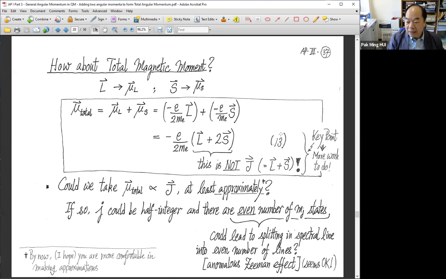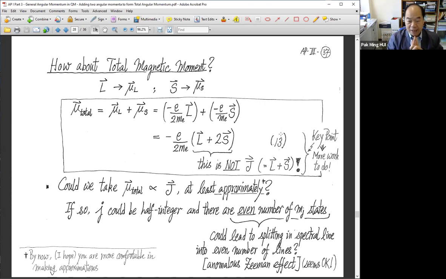Then the first reminder or warning flag is that we know how to add angular momentum in quantum mechanics because they remain in the same family of quantity, still angular momentum, and we know the properties. So in quantum mechanics, the rules are derived for adding angular momentum.